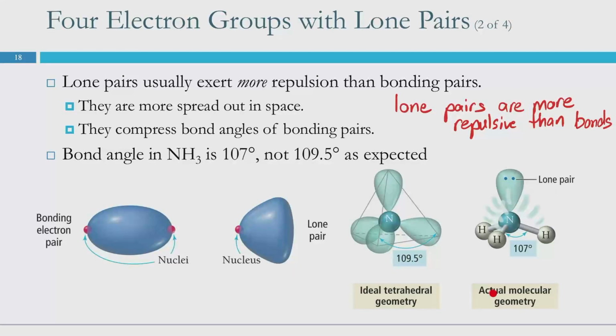So if we look at the molecular geometry of our ammonia, we would expect it to have 109.5 degrees between all of the groups, because that's the ideal shape. But because we've got this lone pair, we're going to end up with larger than 109.5 between where our lone pair's center would be and the hydrogens.